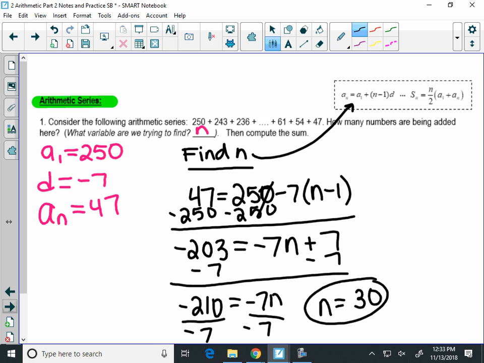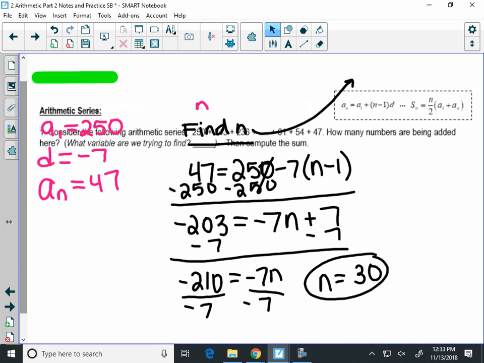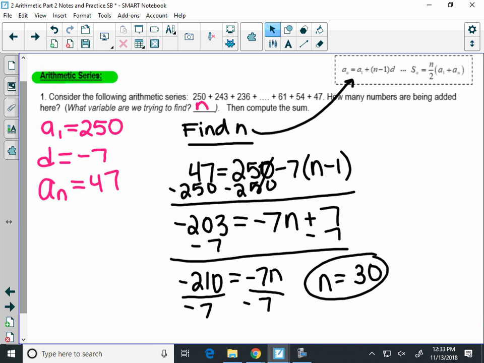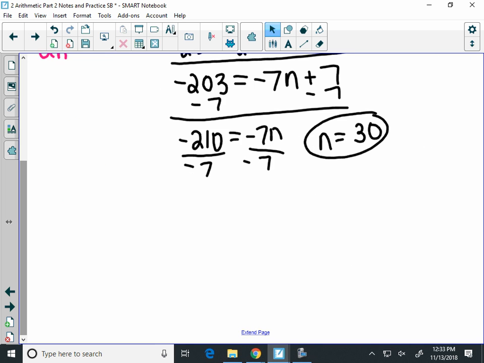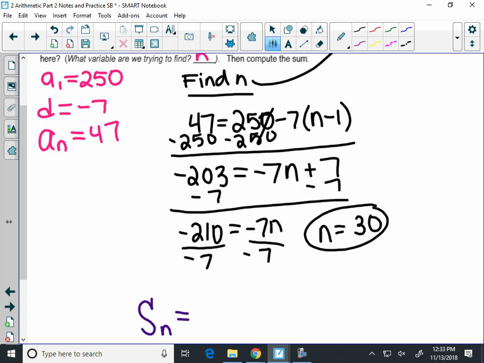Now, how can I use that to find the sum? You're going to put everything, they're all connected there. Put everything into the S sub n formula, right? So S sub n, we're looking for now, instead of n, what can I put in for the n? 30. So I'm trying to find the sum of 30 terms.